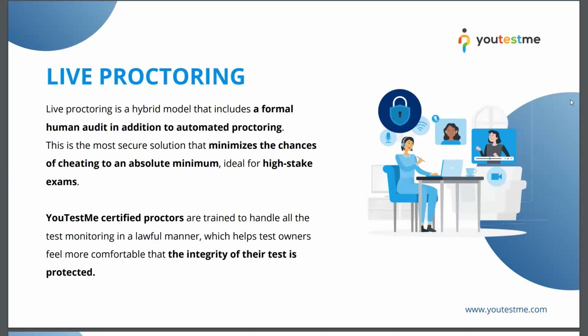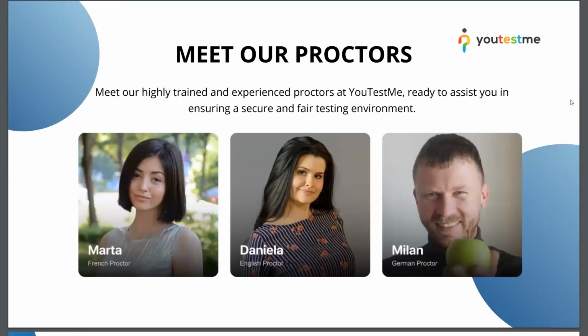Live proctoring is really interesting stuff. It's AI plus humans. What does that mean? It's a hybrid model where you have an AI set of rules and tools monitoring the examinee. But above that, you also have a human that is also looking at suspicious behavior of the person itself.